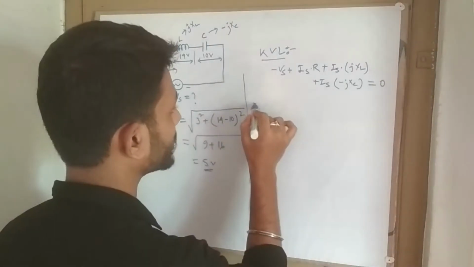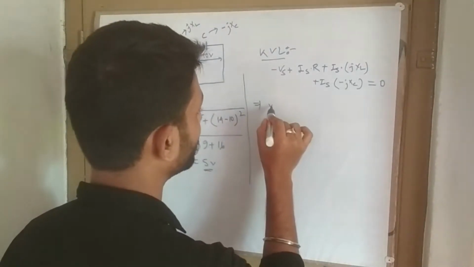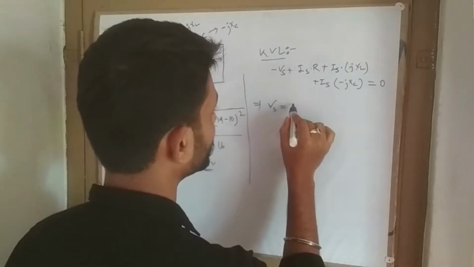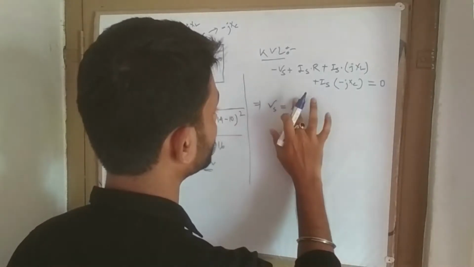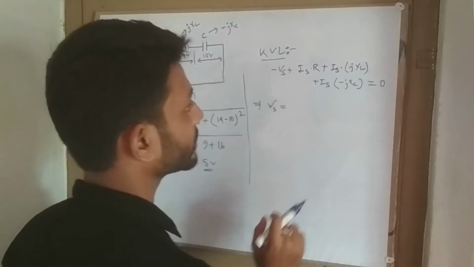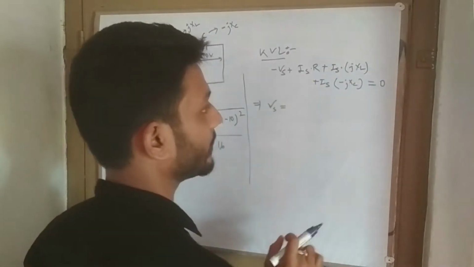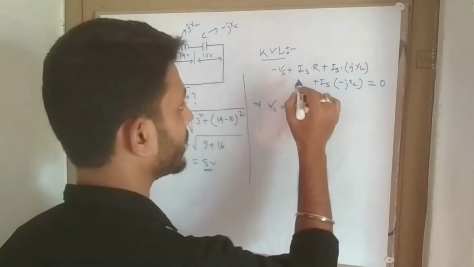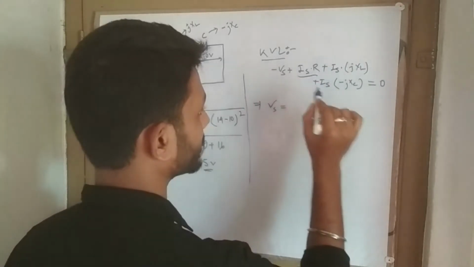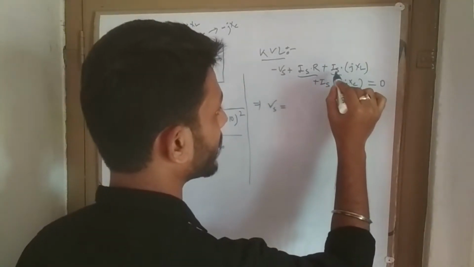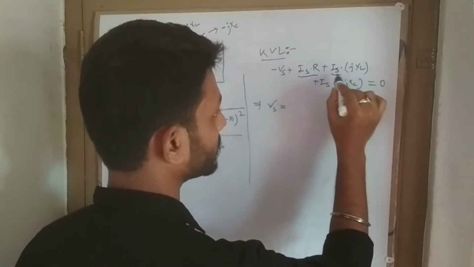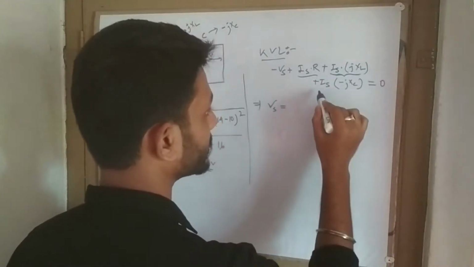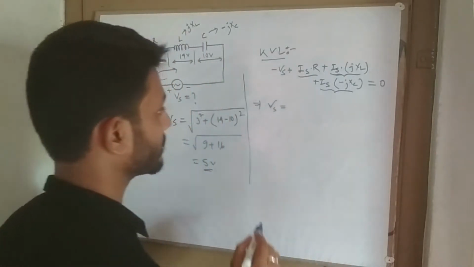So if we see, Vs will be equal to Is R plus Is JXL plus Is multiplied by minus JXC. That means the voltage drop across resistance, the current multiplied by impedance value, that means the voltage drop across the inductor and voltage drop across capacitance value.